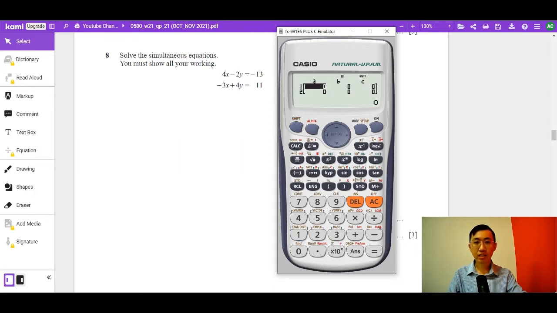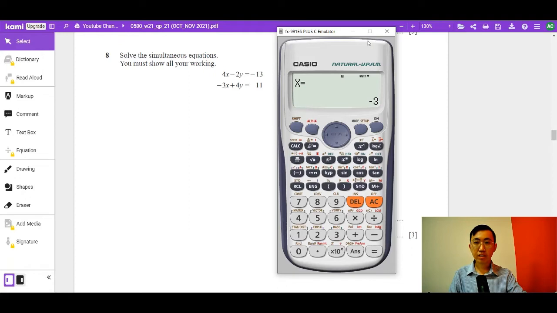So A is 4, the first one, press equal, then minus 2, careful, negative 2, and this one is minus 13. C is minus 13, press equal. So the second line, A is minus 3, press equal, B is 4, equal, finally positive 11, press equal, again equal.